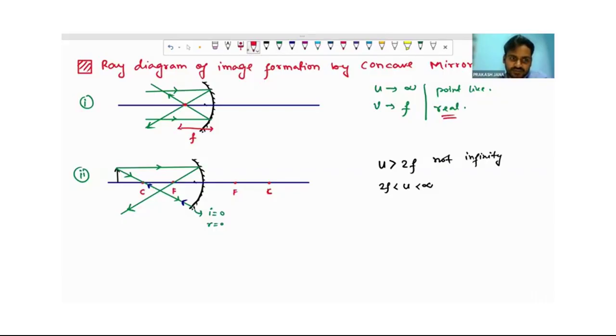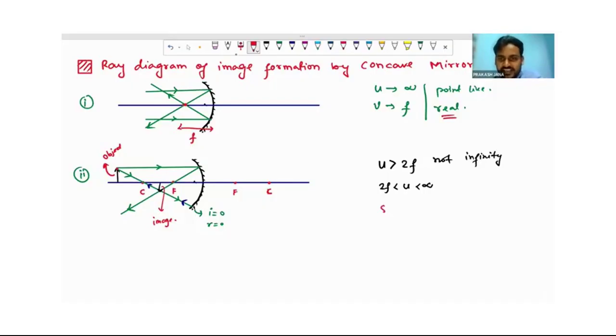So the image of the tip of this arrow is this one. Let me write, this is the object and this is the image.